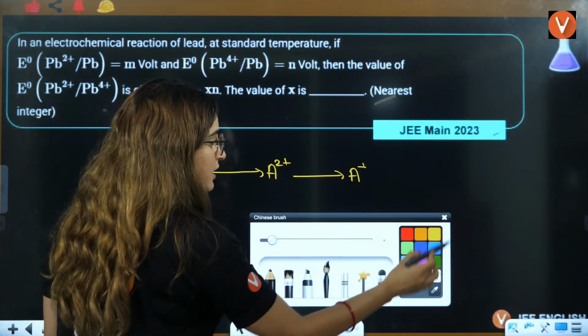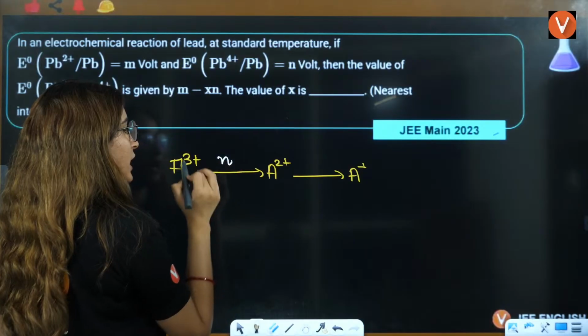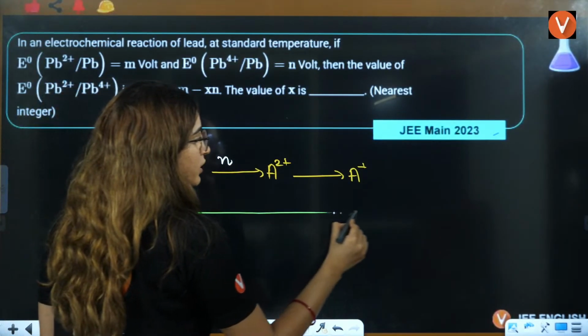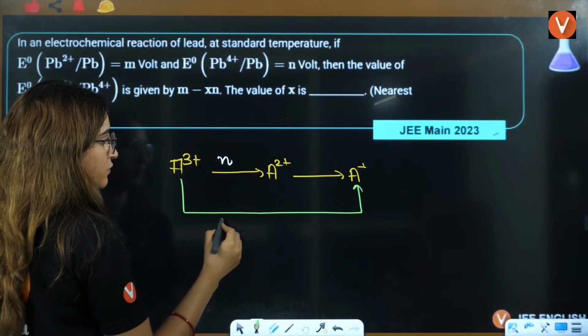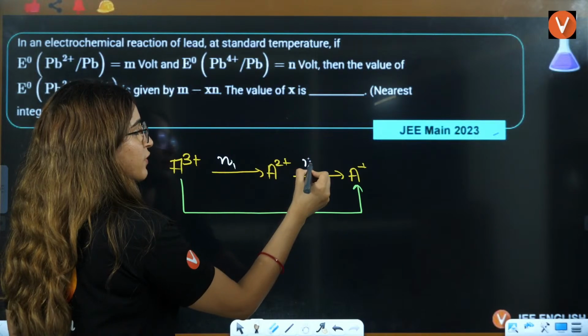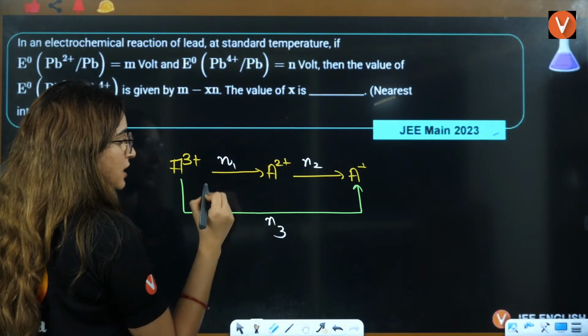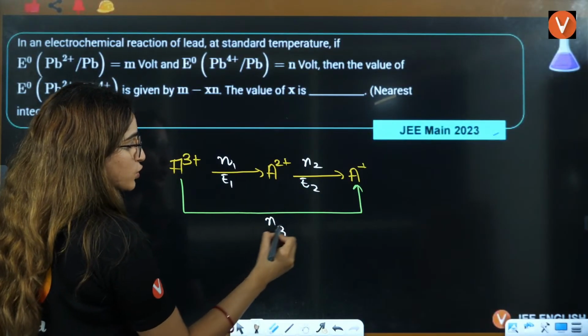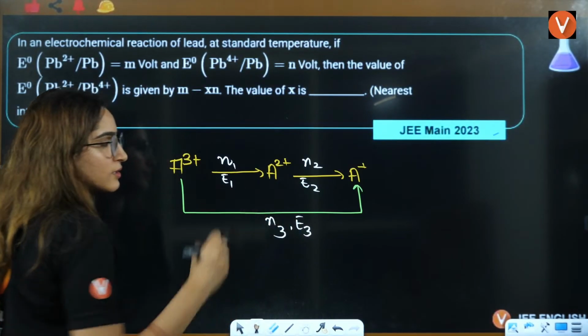Let's say directly A3 is converting to A positive. Here the number of electrons is N1, here N2, here N3. Here the electrode potential is E1, here E2, here E3.